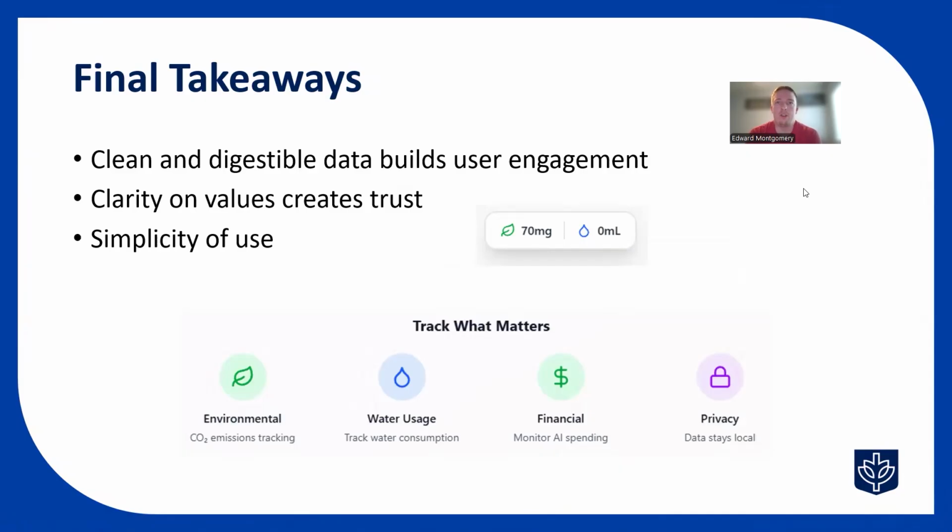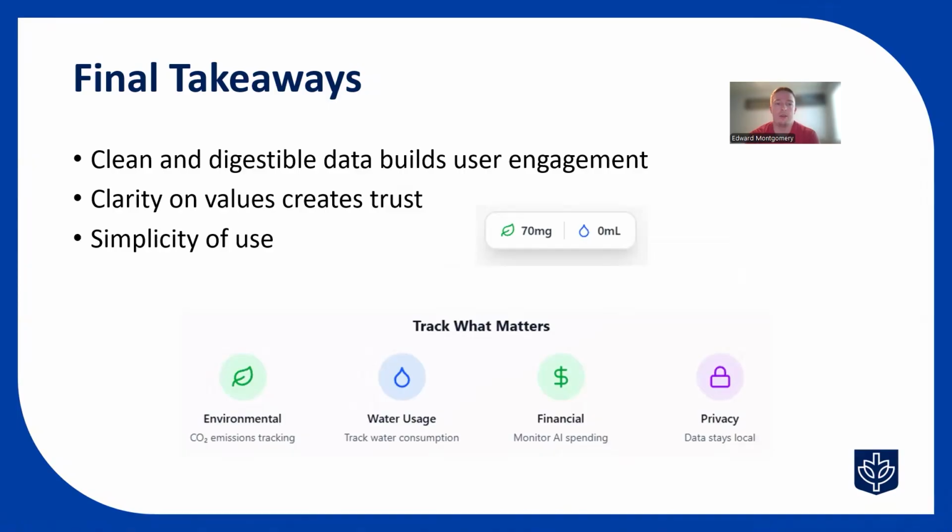We want to ensure that there are a couple takeaways that we have learned through the sequence. One is having clean and digestible data that builds on the user engagements that we want to portray and inform our users of. This clean dashboard of metrics showcases the level of impact that a given user's AI usage could have on their frequency of use on their respective tools.